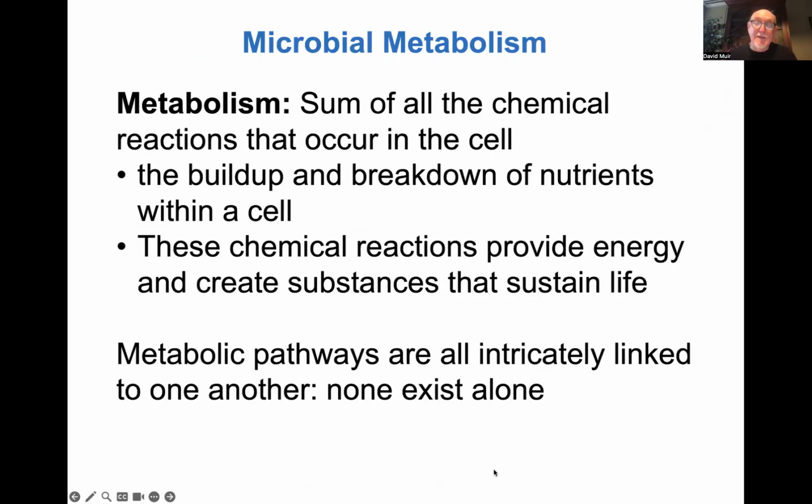So when we look at what metabolism is, whether it's microbial or whatever, what we see is that it is the sum of all of the chemical reactions that take place in the cell. So it's the buildup and breakdown of nutrients, for example. It's the chemical reactions which provide energy and which create substances that sustain life.